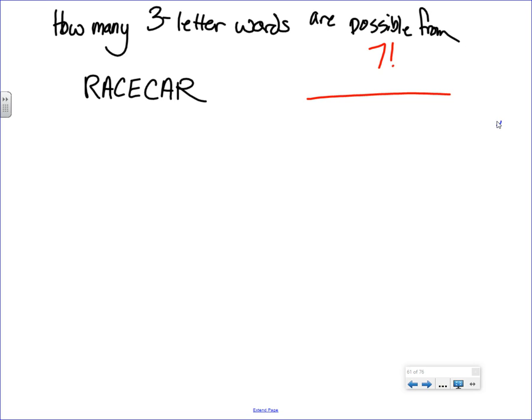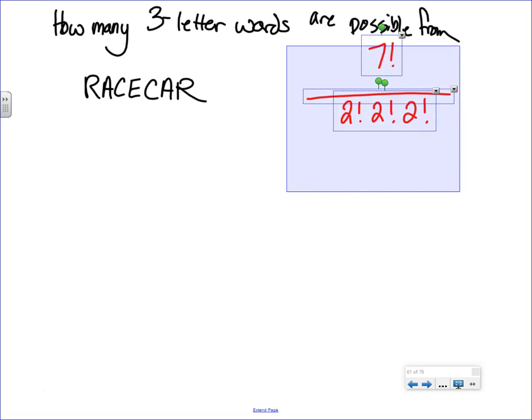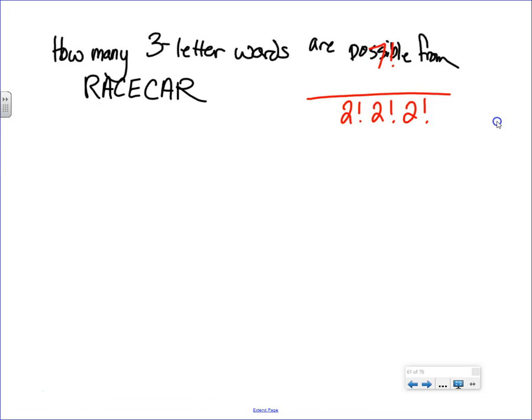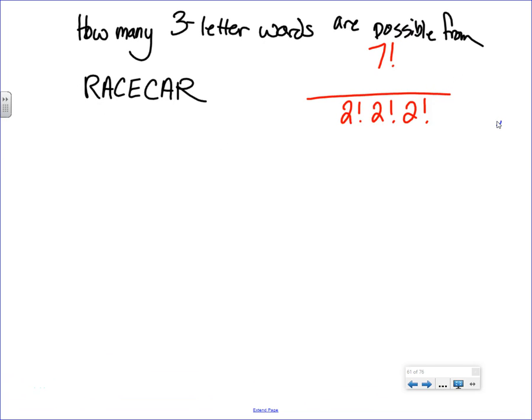Why is this not right? Because you have to do the 7 minus... It looks so good, right? It's what we've been doing. 7 factorial over 2 A's, 2 R's, and 2 C's. Oh, that didn't work. We're right. No, we're wrong.